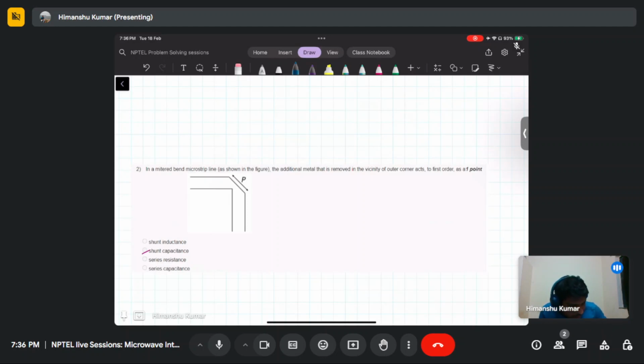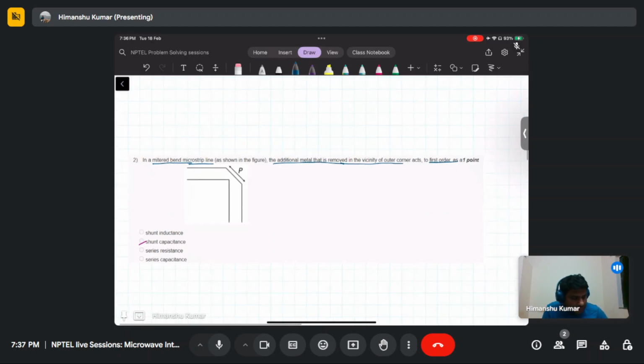In a mitred bend microstrip line as shown, the additional metal that is removed in the vicinity of the corner acts as a shunt capacitance, because this will prevent the impedance mismatch.